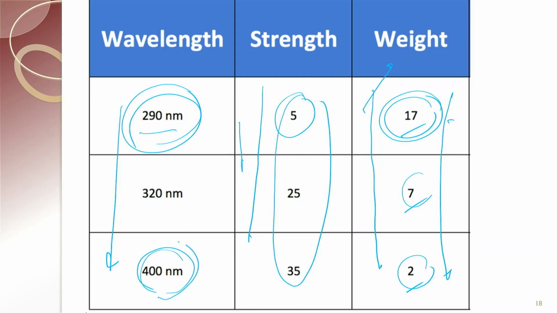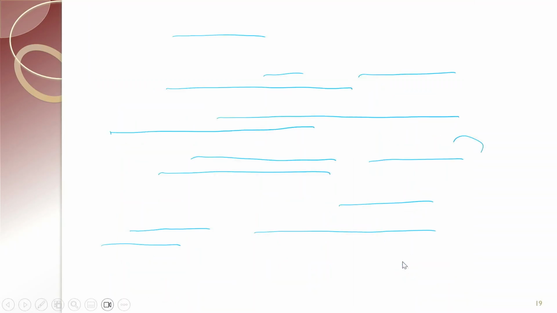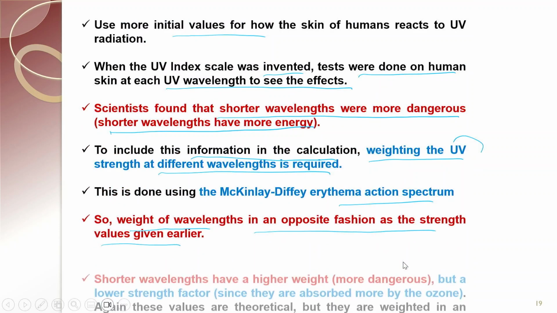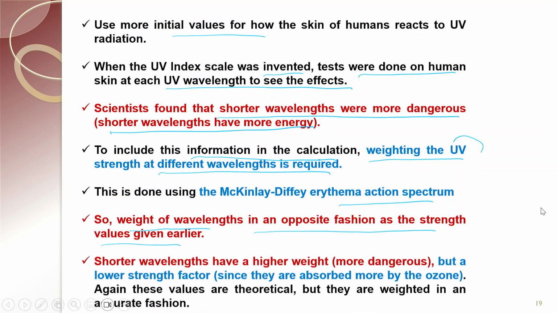Like 400 nanometer, a longer wavelength, is reaching the surface in higher quantity, but it carries less energy, the least energy, represented by a weight of 2. Shorter wavelengths have been given higher weightage, so they are more dangerous. So, it gives the severity.